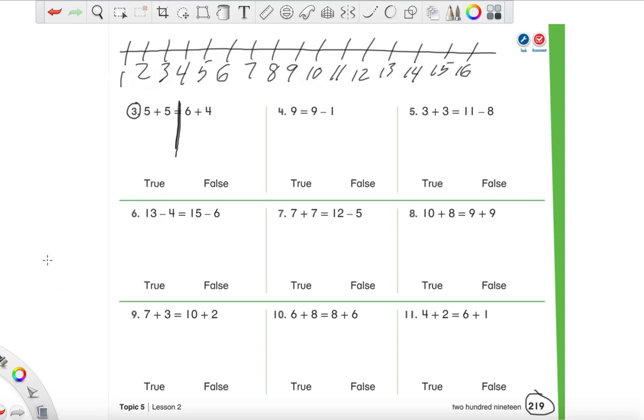Alright, so if you're still working on this, hit that spacebar, pause the video. If you're done, let's check your work.